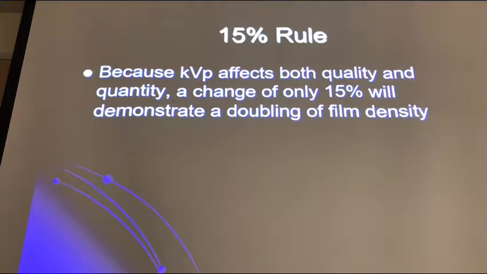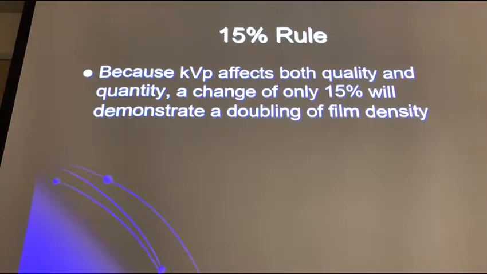And so the 15% rule said that if you increase your KVP by 15% at any level here, you double the density, okay? If you're using radiographic film. For example, you were doing a portable and you were doing a hip, and it came out light, and you wanted to double the density.